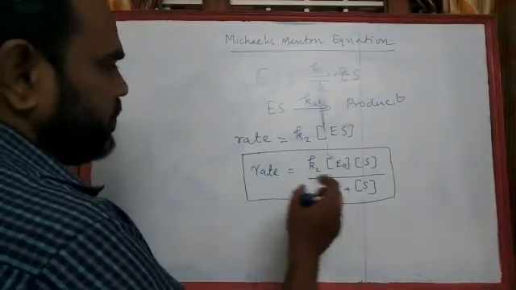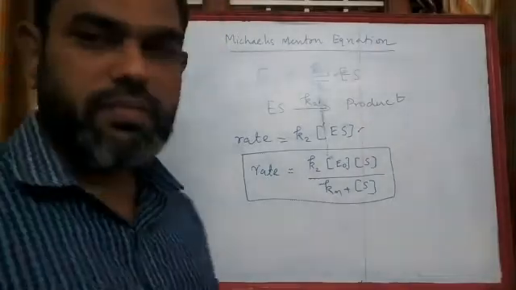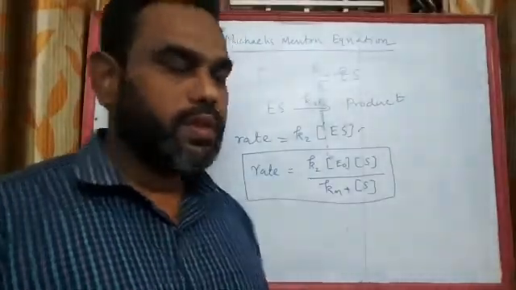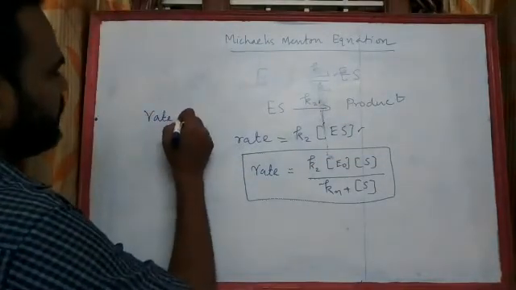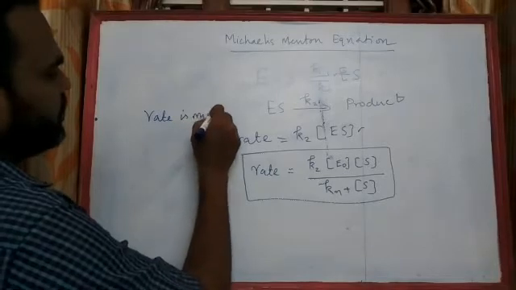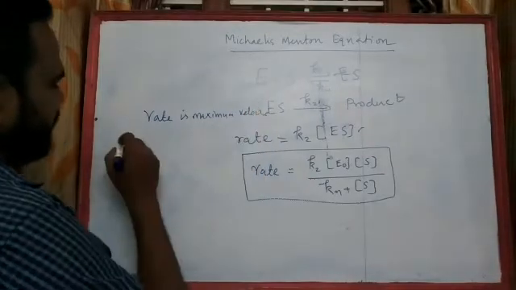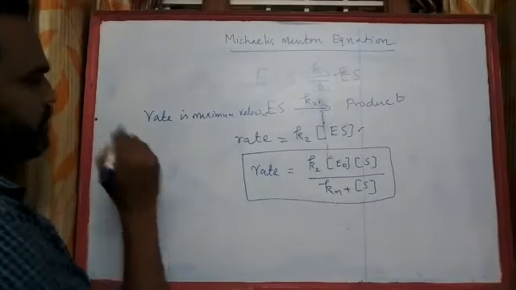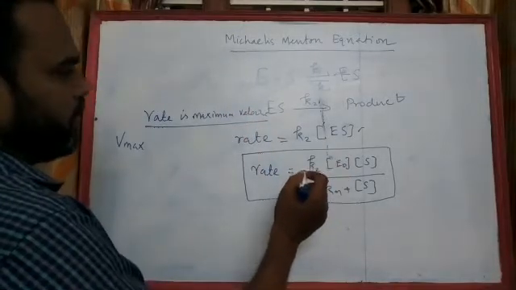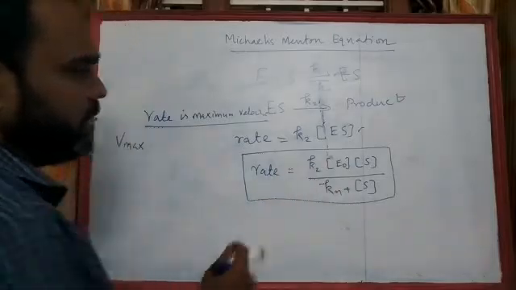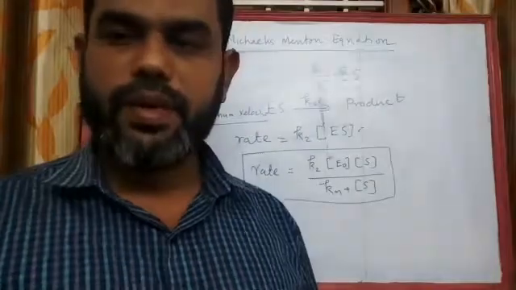We derived this equation in terms of ES. When the substrate concentration is maximum, that is, when the rate is maximum, at maximum velocity Vmax, the total enzyme concentration becomes equal to ES.